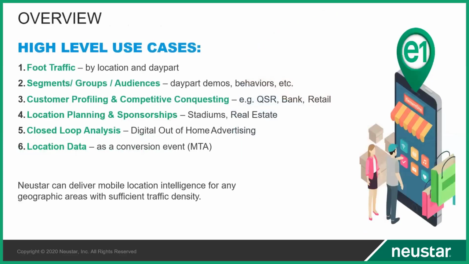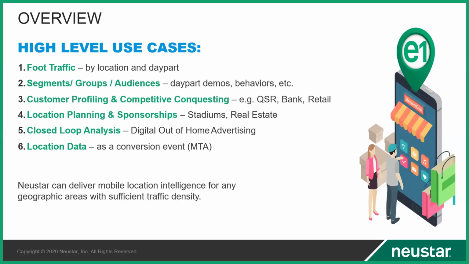Some of the high-level use cases, and this particular one talks about mobile traffic, foot traffic. When you do marketing, you want to market to where people live or where they work, but there's also something called transient marketing: where people are during the daytime between work and home.